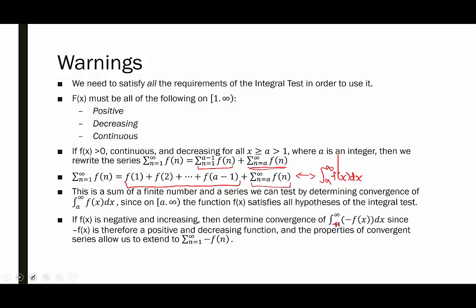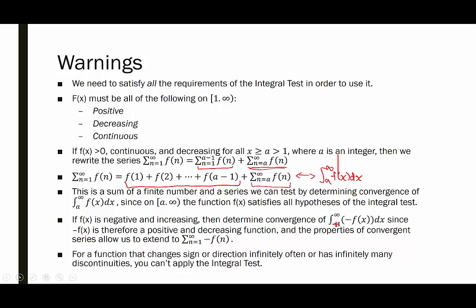So that's a trick. But if you have a function that doesn't have exclusive directional behavior after an anchor point, so it changes direction or sign infinitely often or has infinitely many discontinuities, you can't apply the integral test.